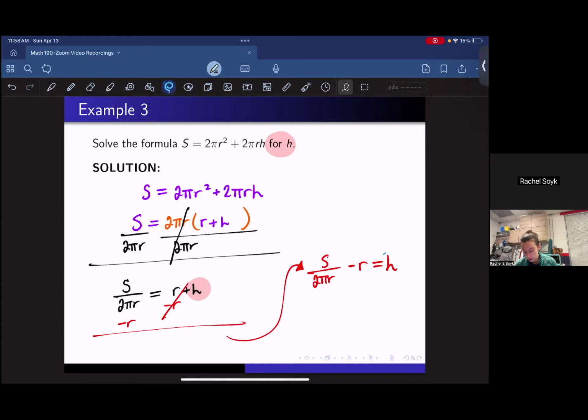And if you wanted to write it so that the h was first, you can most certainly do that. Put in both scenarios. And there we have it. We are all done.